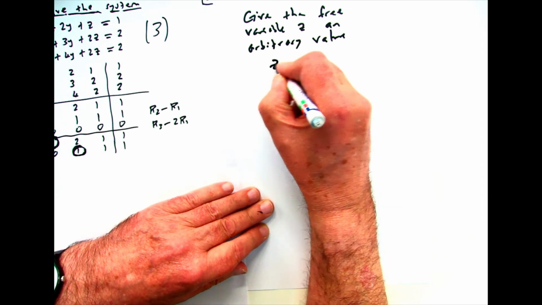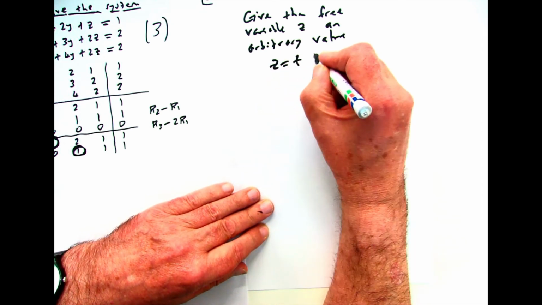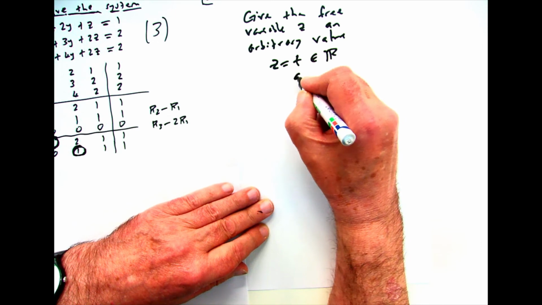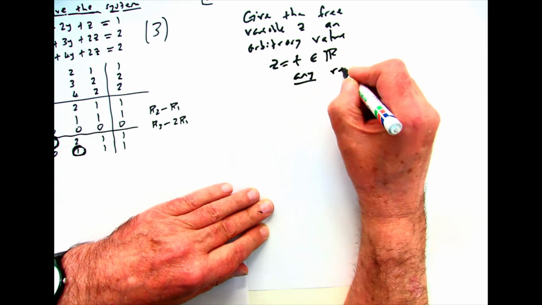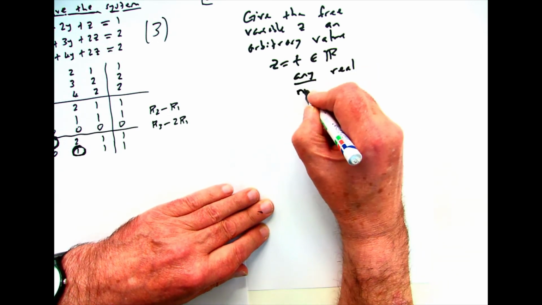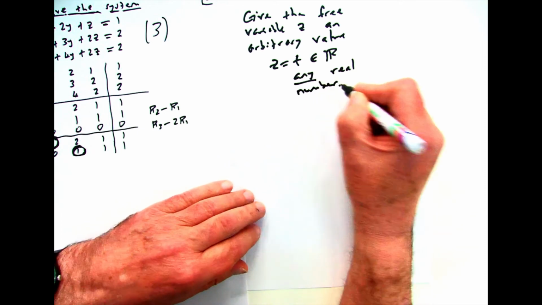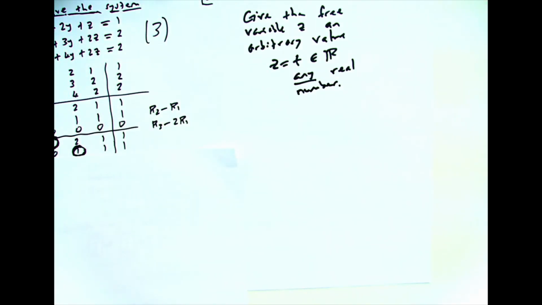So that means we've got z equals t. Okay, so z can be any real number. And then we solve for the leading variables from the bottom up.